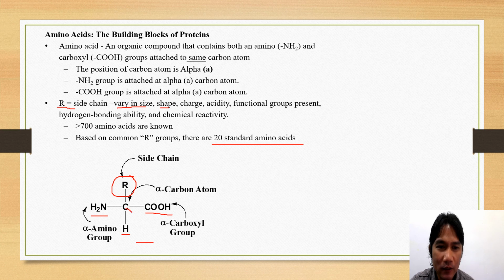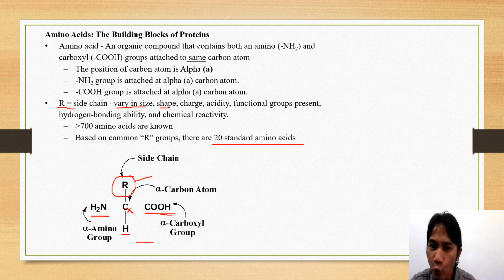This is the alpha carbon, and on the alpha carbon they have the carboxyl group and they have amino group. So the 20 standard amino acids differ only on the side chain. Okay, there are 20 standard amino acids.